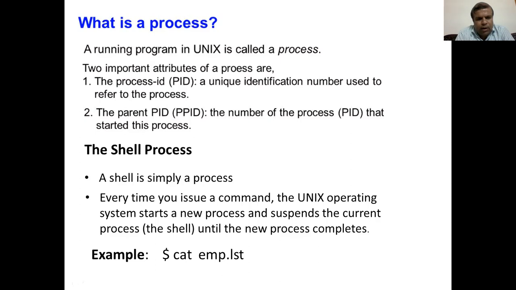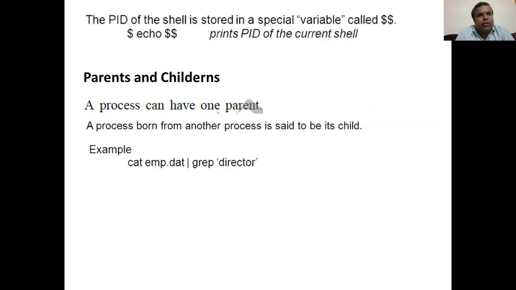So in the above command line, the shell acts as the parent process and the cat command acts as the child process. The shell process has spawned a new process called the cat command.